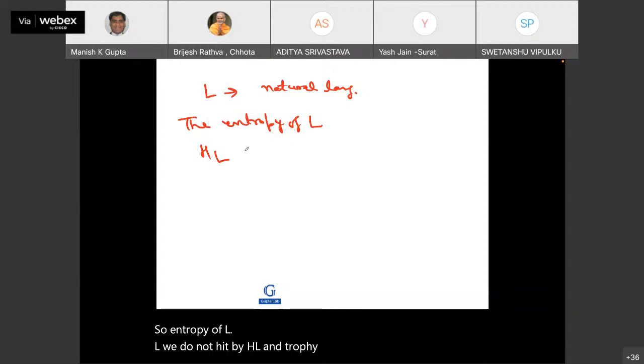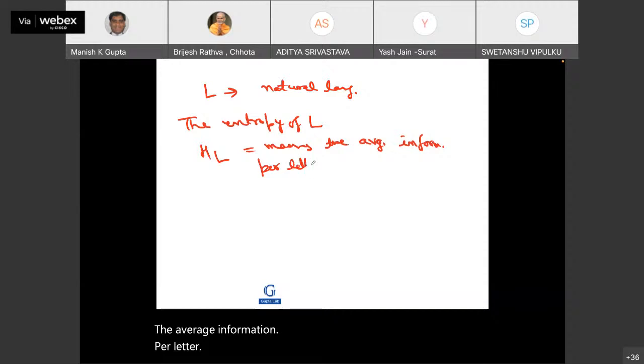Entropy of L measures the average information per letter in a meaningful string of plain text.